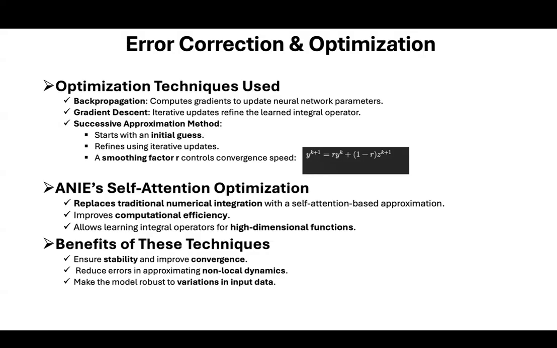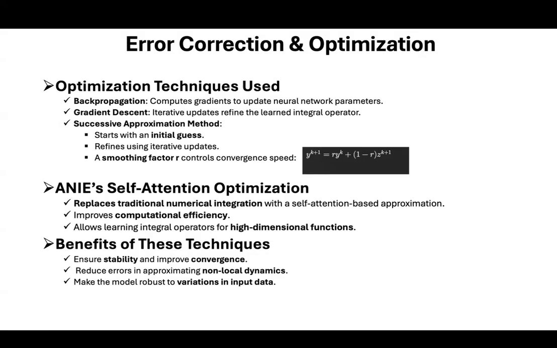If I go to the benefits, it ensures stability and improves convergence, meaning these techniques enable you to analyze the data while always moving toward one solution, converging to one solution that is, I'd say, at a high percentage of being correct.